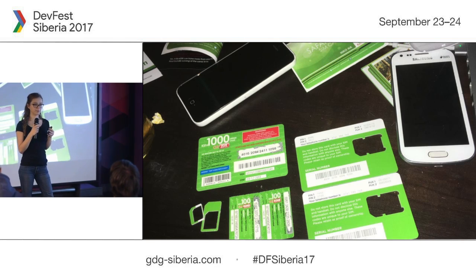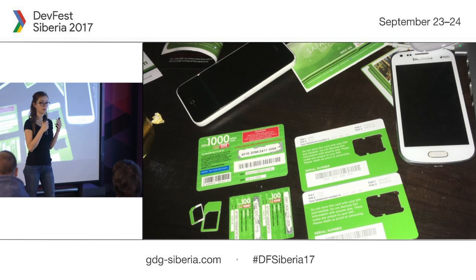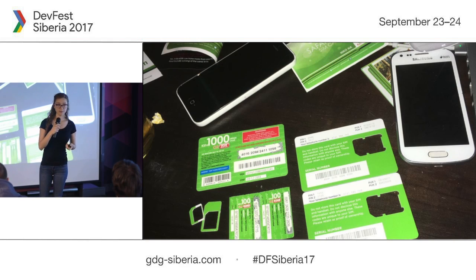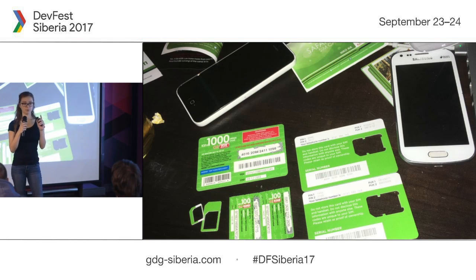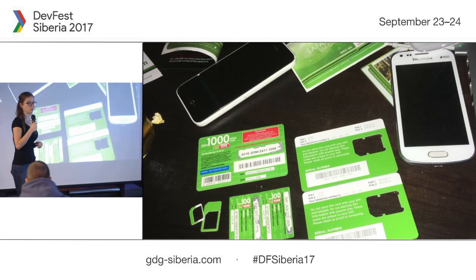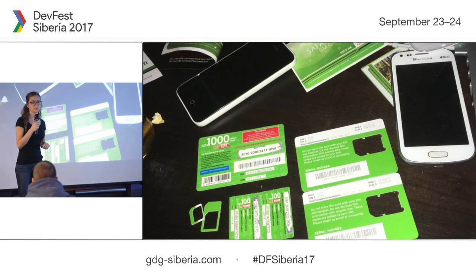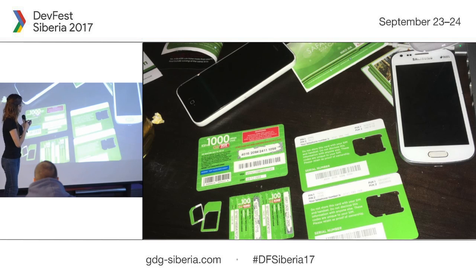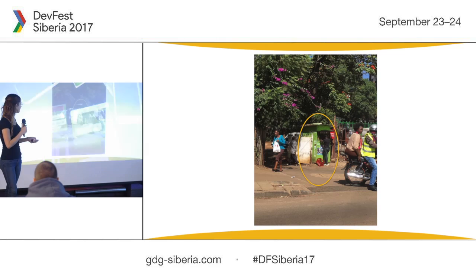You can buy internet or credit for 3 months, for 1 month, for 1 week, 1 day, or 2 hours, or 1 hour. And the prices, of course, range between a few cents for a few hours to around 30 euros for 30 megabytes that will last you for 3 months. And yeah, you scratch, you get the number, and you put it in your phone.